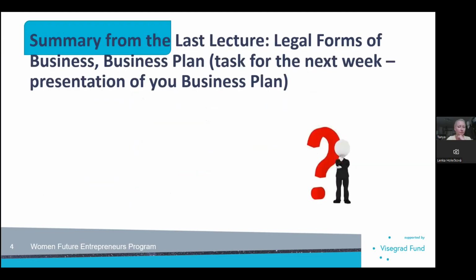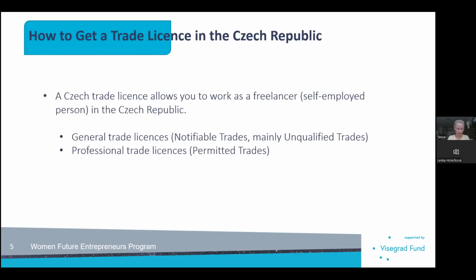So welcome again. And first of all, I would like to start with a short summary from the last lecture, because it's a long time to meet here. We started to talk about how to get a trade license in the Czech Republic.